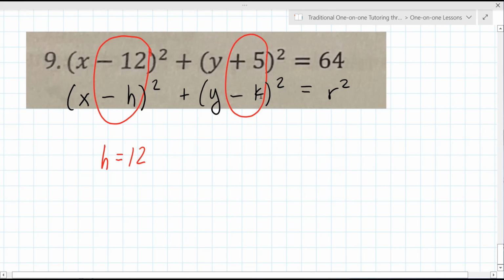So when they're opposite in sign, you have to change the value. So what is the value of k? -5? -5, yeah. Okay, because when they're opposite in sign, you have to switch k to the other side. Lastly here, what value do you square to get 64? That's 8.